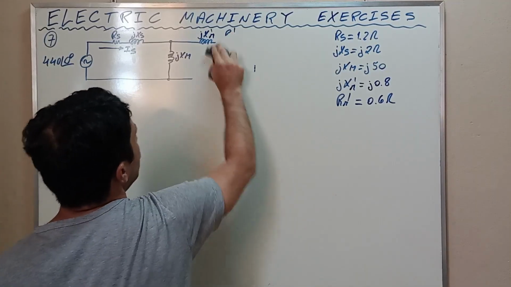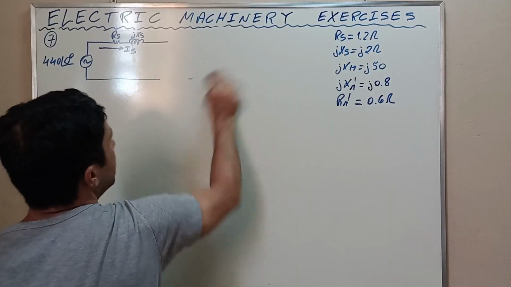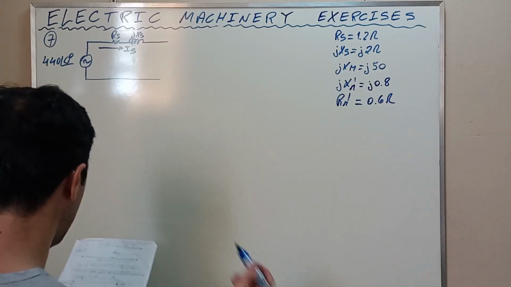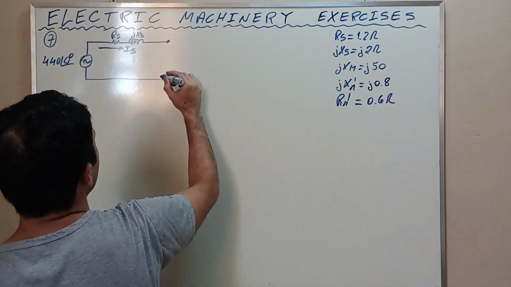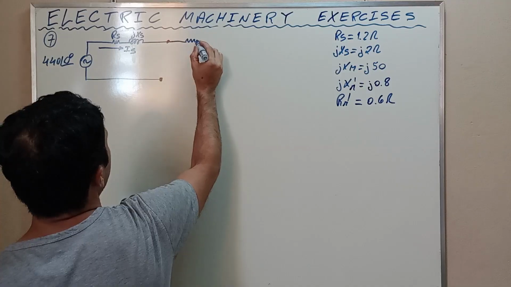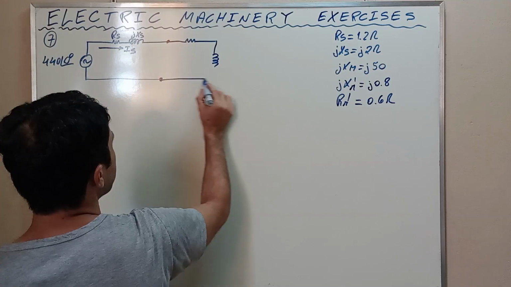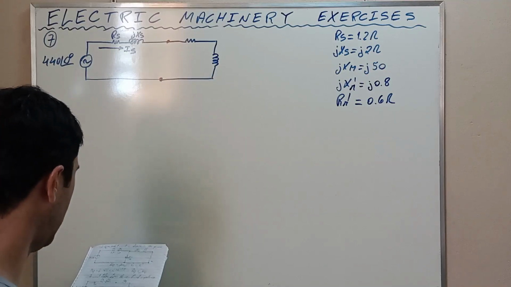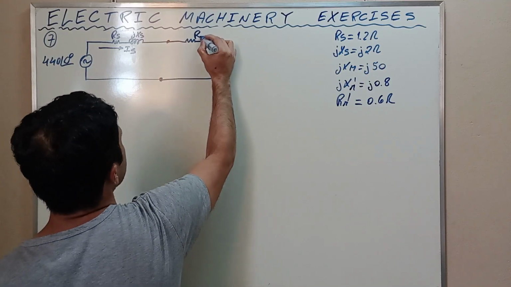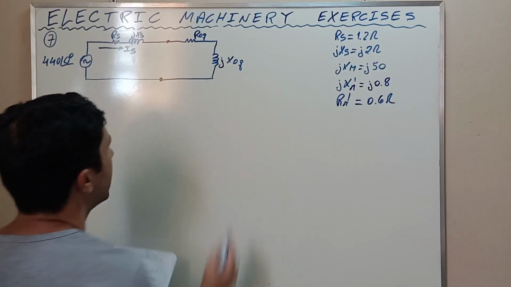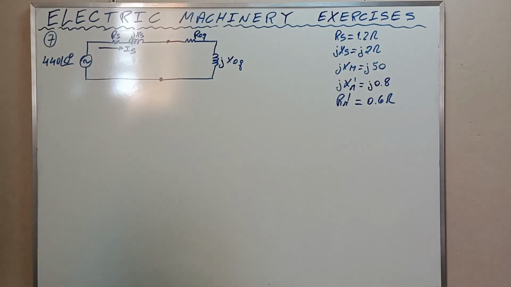We are going to have the circuit like this, with the equivalent resistance here and the equivalent reactance here, and this is valid only for the starting condition of the motor.